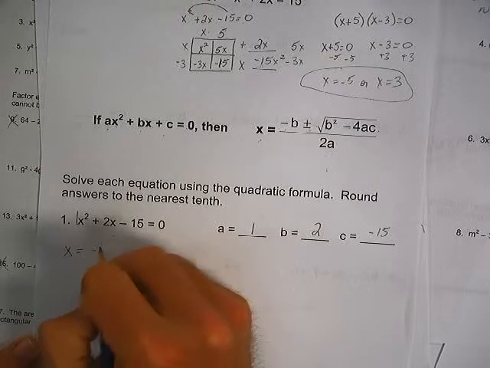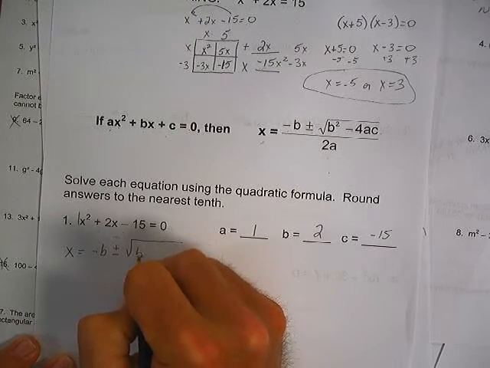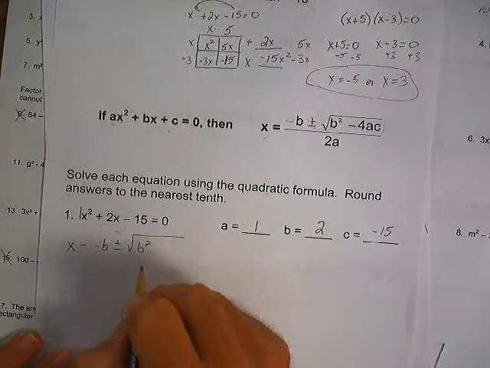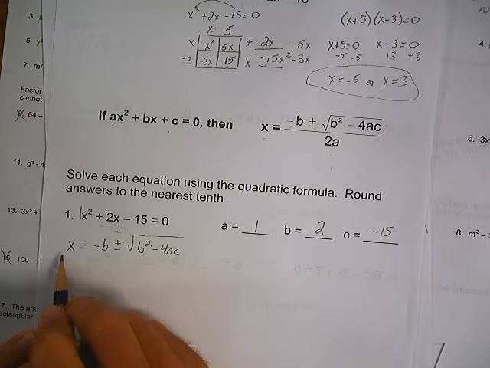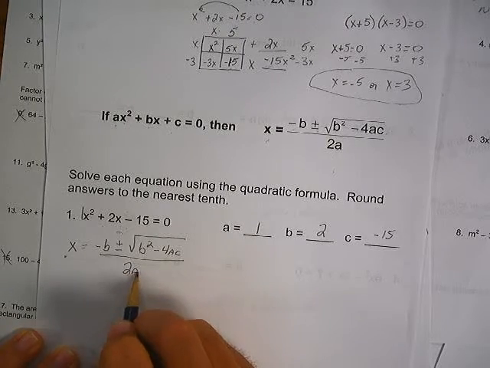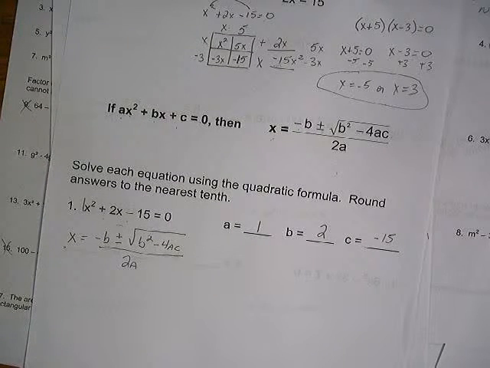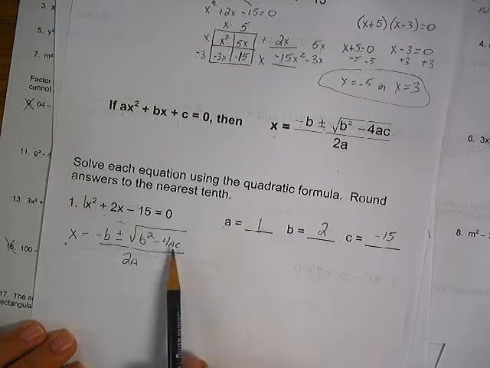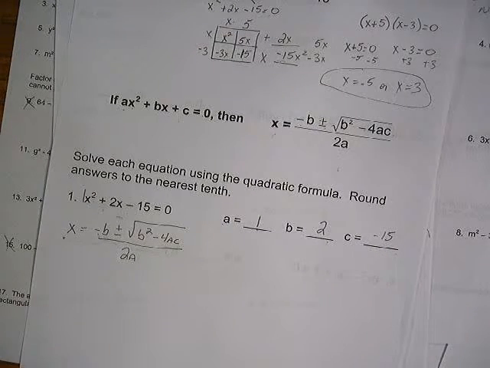X equals the opposite of b plus or minus square root... Now what we're going to do is substitute 1 for the a's, 2 for all the b's, and negative 15 for the c.